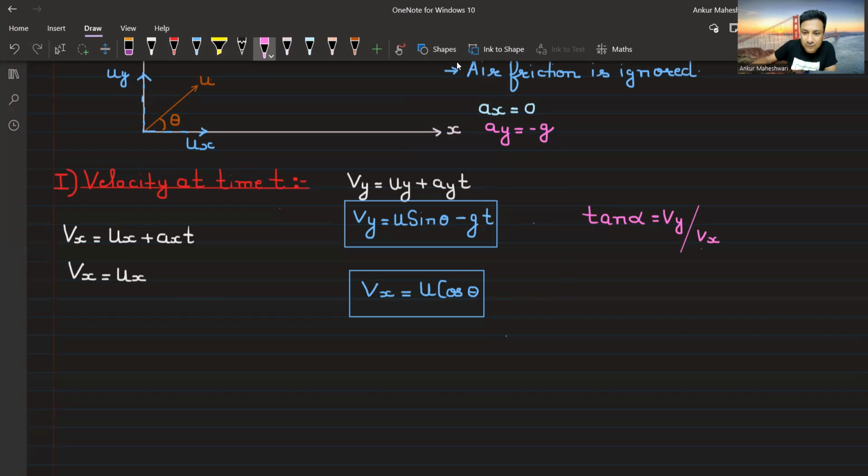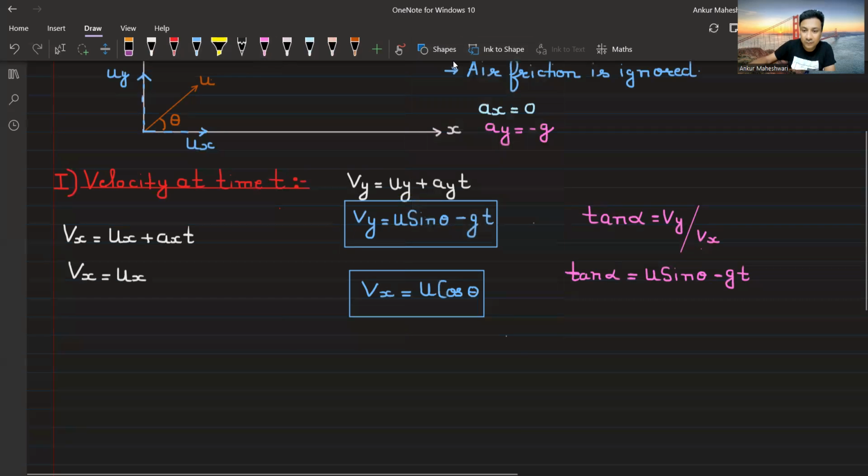Therefore, tan alpha becomes Vy, which is u sine theta minus gt, divided by u cos theta.